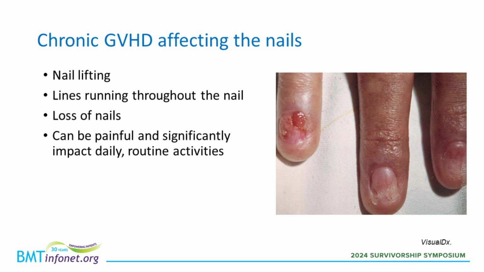We don't recognize how much we actually need our nails until we have any disease that affects them, or if we lose them for any reason. So the changes that we see sometimes are lifting of the nails, lines running through the nails, or the most serious one, which is the complete loss of nails. And that can be very painful and significantly impacts the things that patients need to do day to day, just normal routine activities.